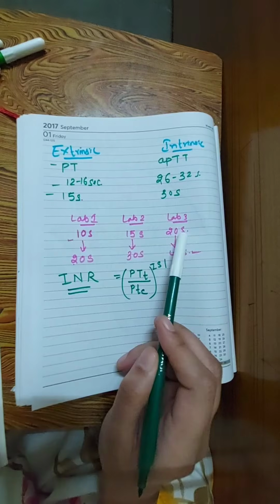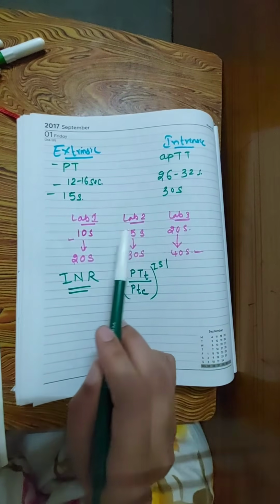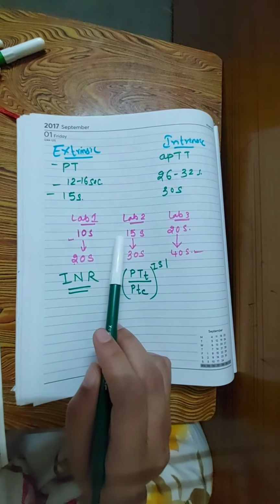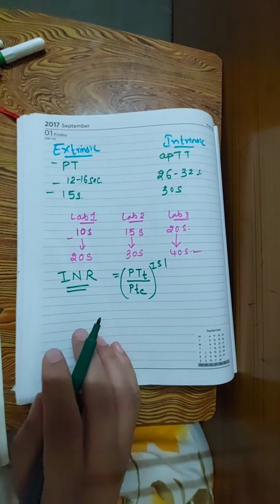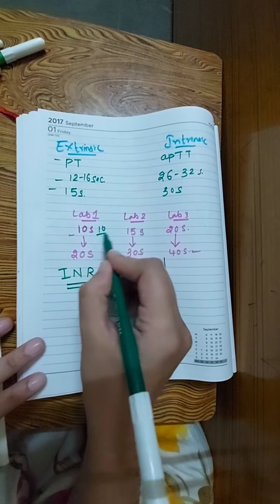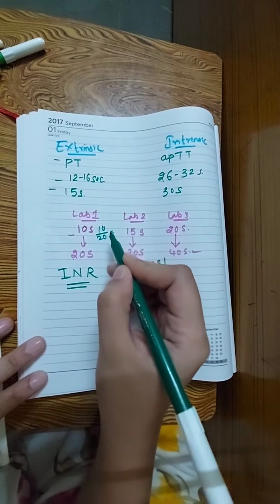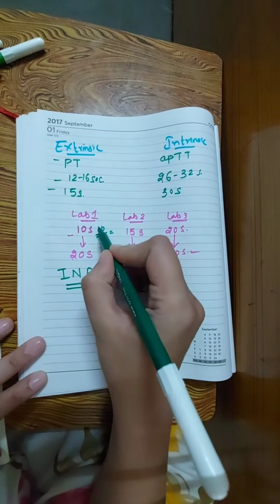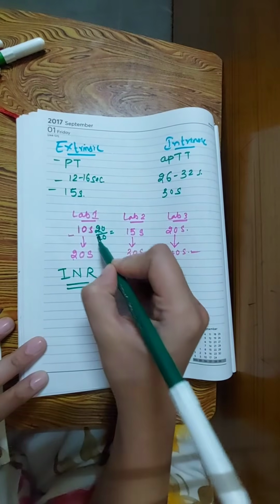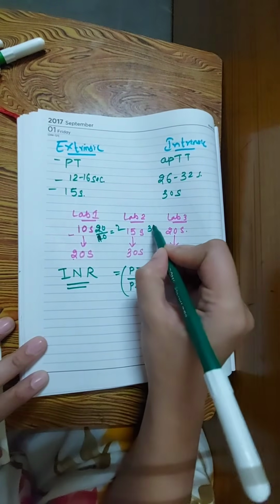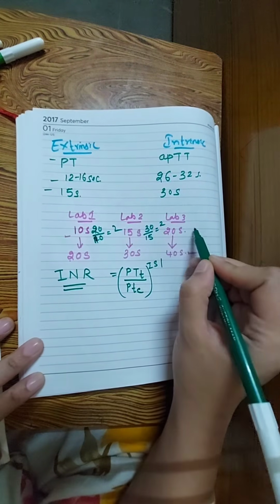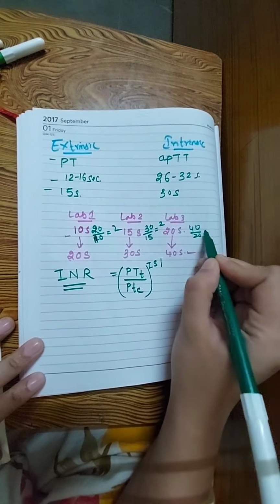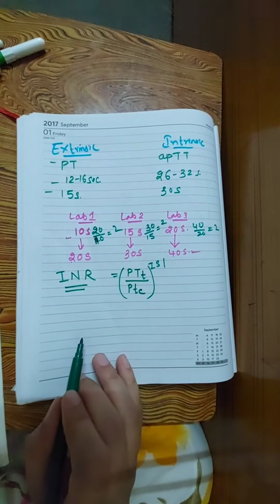Okay, so this was the control value, and after giving warfarin, the value of the INR in lab 1 will be 20 divided by 10, which gives a value of 2. Next, 30 divided by 15 will again give a value of 2. Here also 40 divided by 20, again giving a value of 2.